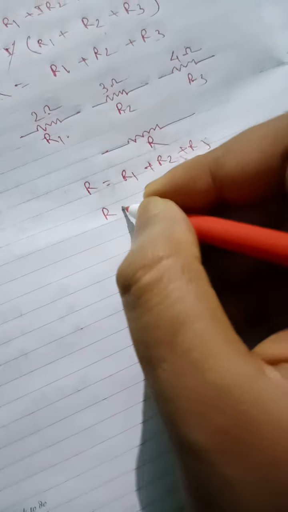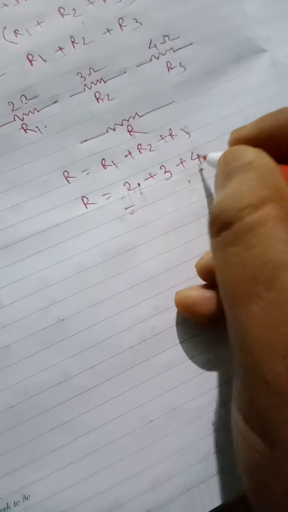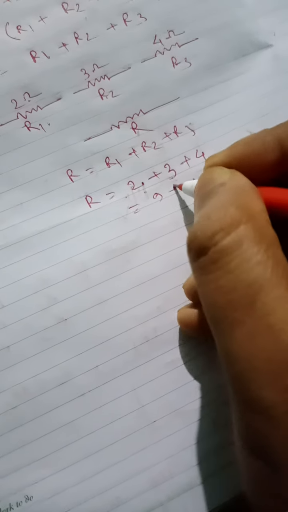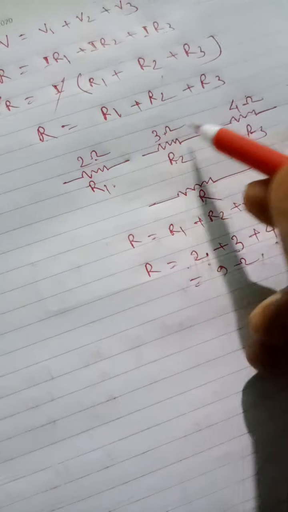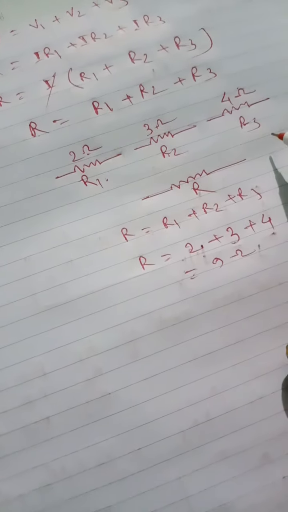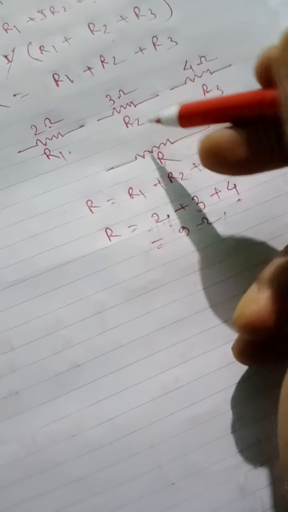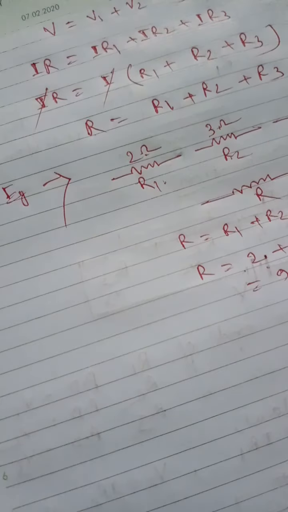That means R is equal to 2 plus 3, 5, 5 plus 4, 9 ohm. So when these three resistances of 2, 3 and 4 ohm are connected in series combination, then the equivalent will be 9 ohm. The resultant of these three resistances will be 9 ohm. This is one example.